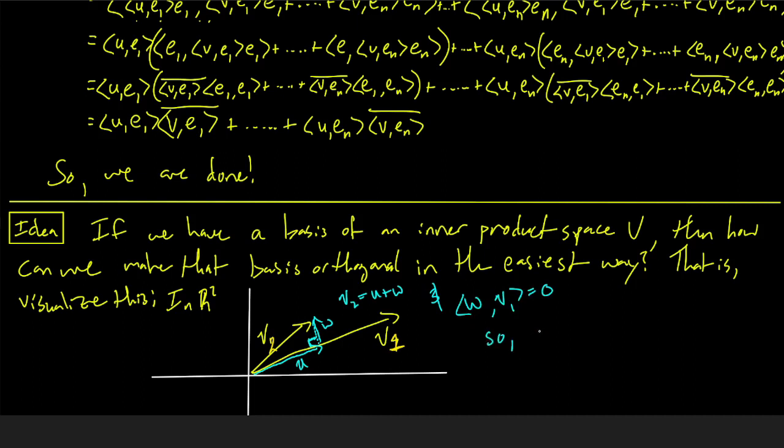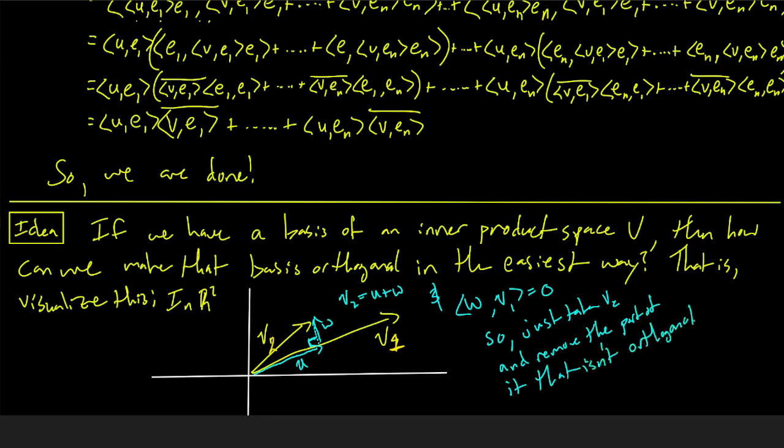So just take V2 and remove the part of it that isn't orthogonal to V1.